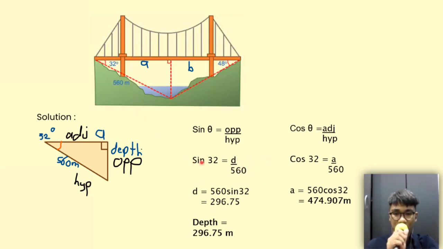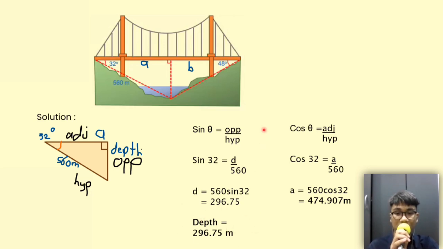To solve it we have to bring this sin 32 degrees to the right, and when you move it, it is going to be 560 multiplied by sin 32, and the depth that we got is 269.75 meters.